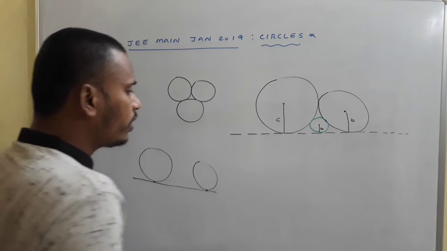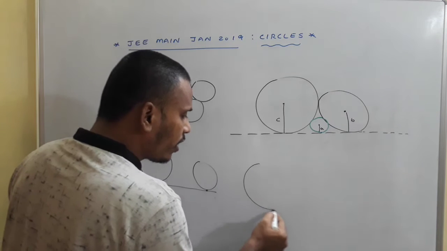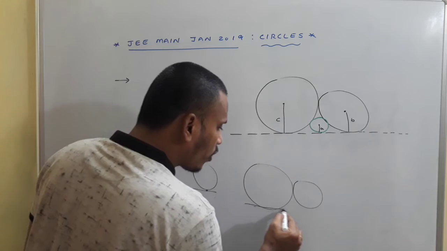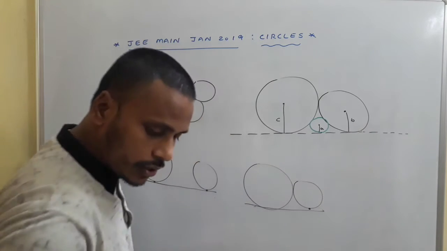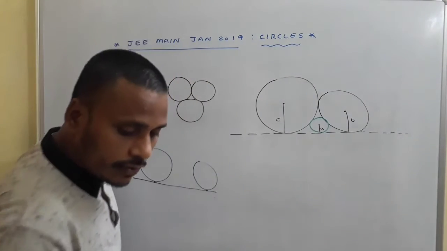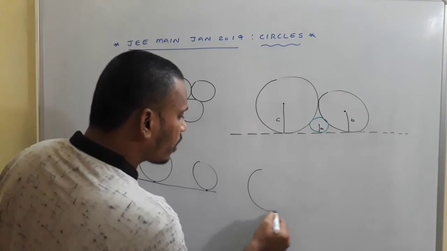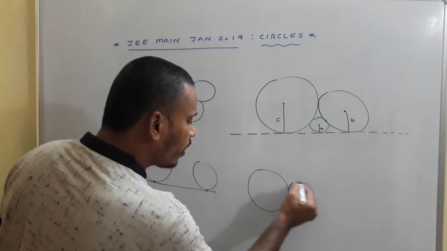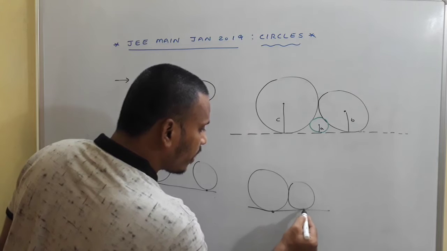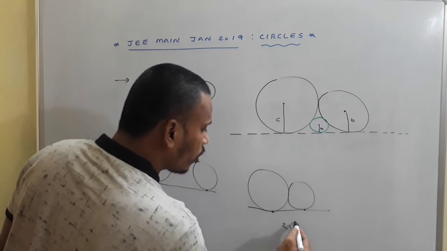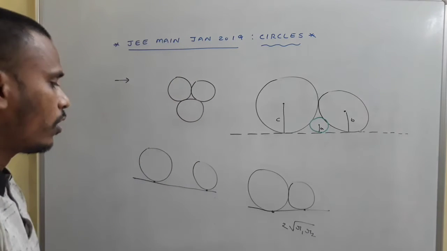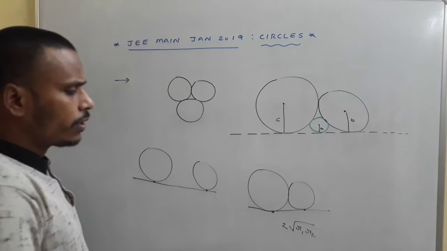And now specifically, already we discussed in our regular class, if two circles are touching externally, then what will be the length of the common tangent? Already I mentioned it in our regular class. So if this is the common tangent, then this length of the common tangent is simply 2 root of R1 R2.